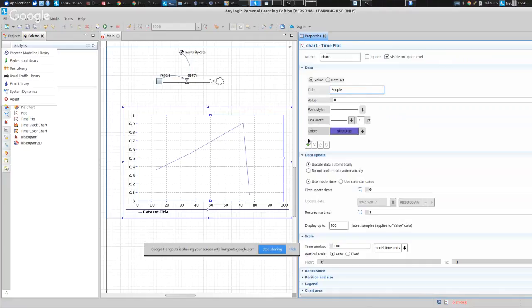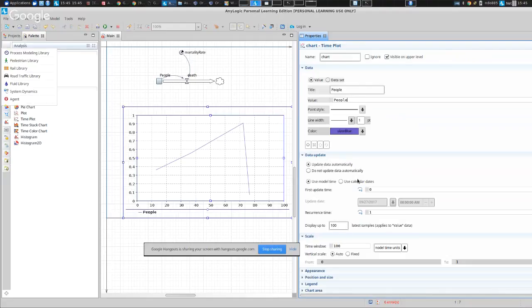So I added a value to the plot, and the value is going to be given by people.